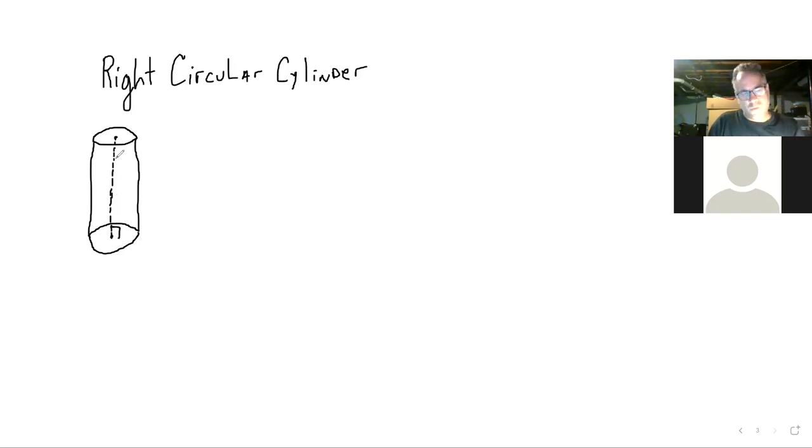As it comes down, it forms a right angle here, and so it's not at a slanted angle, kind of like this. So it comes down and lands on a plane.